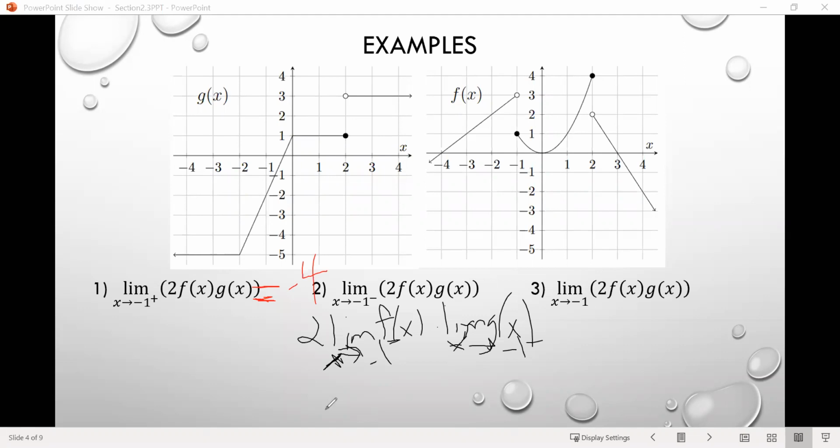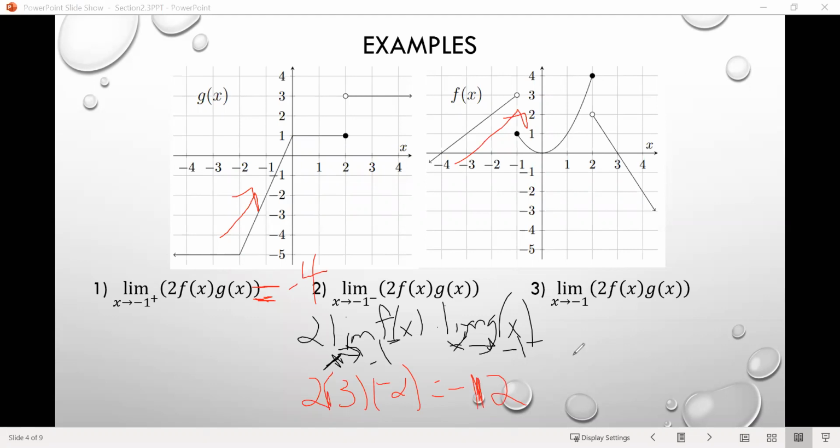Okay, so let's look at what happens with each of these functions in this case. So if we're approaching -1 now from the left-hand side in f, we see we're actually approaching a different value. So here we're getting closer and closer to 3. So this one would be 2 times 3 times, and the function g when we approach -1 from the left-hand side, looks like we still get closer and closer to -2. So 2 times 3 times -2, which gives us -12.